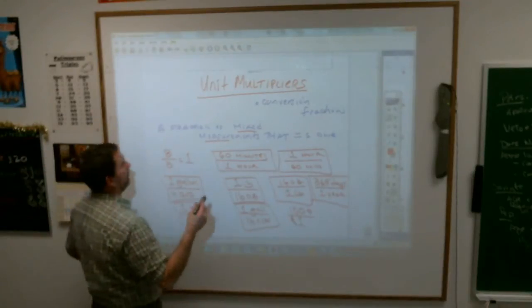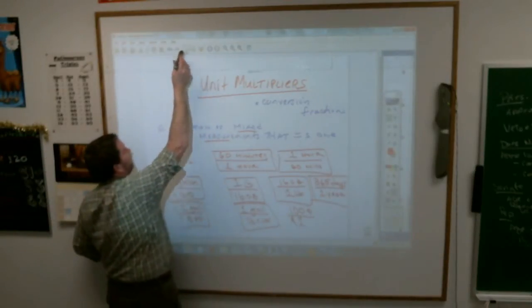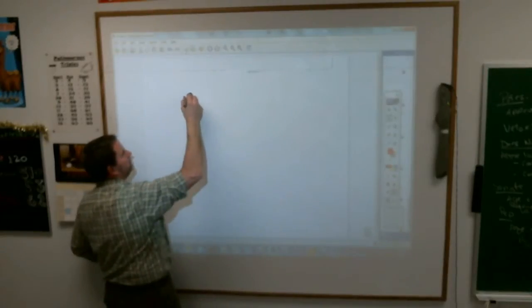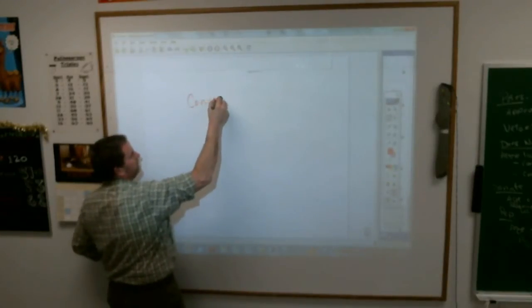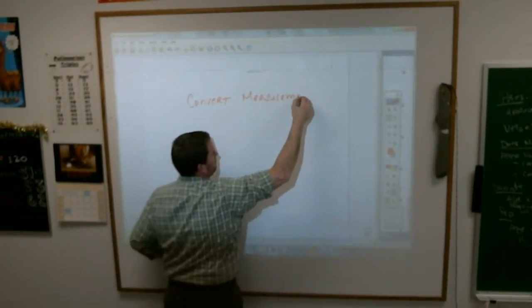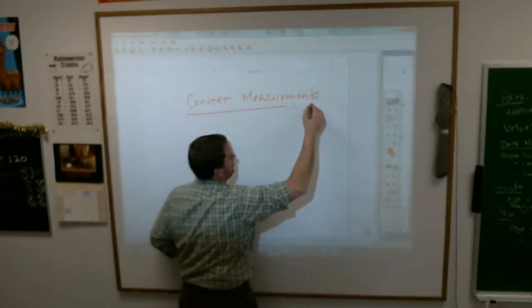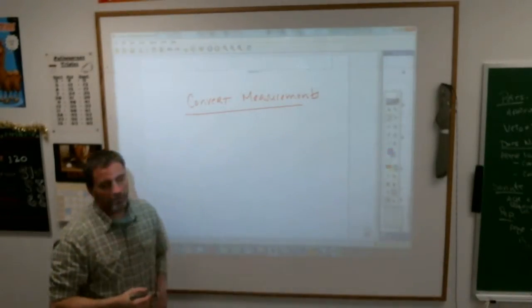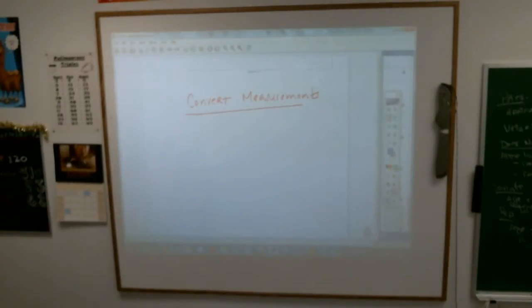Now, why are we talking about unit multipliers? Okay, because we are going to use these to convert measurements. For those of you, how many of you have ever, if I said change 33 yards to feet, how many of you know that there's 3 feet in a yard, but don't know for sure if you would multiply by 3 or divide by 3?